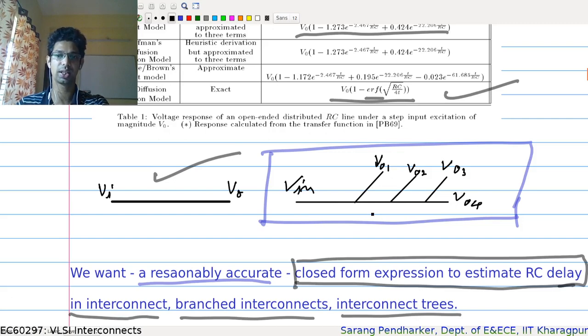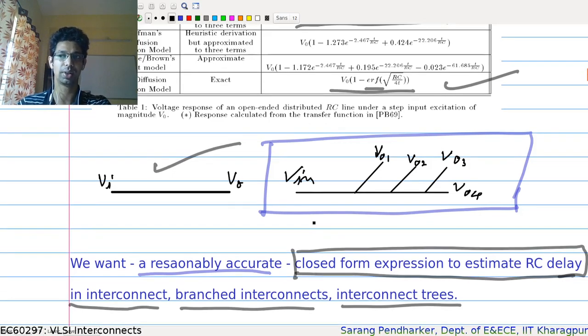I just want an estimate which I can use for optimizing my layout or in the pre-design process. Later on, for the final version, I can run a full wave simulation. But my immediate requirement is that I know the material parameters and the structural dimensions, and from that, if I get R and C, I want to know what my delay would be. That is my requirement.